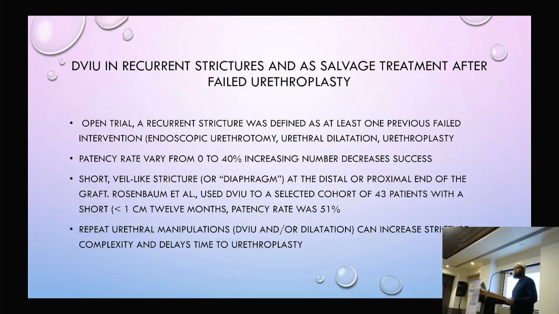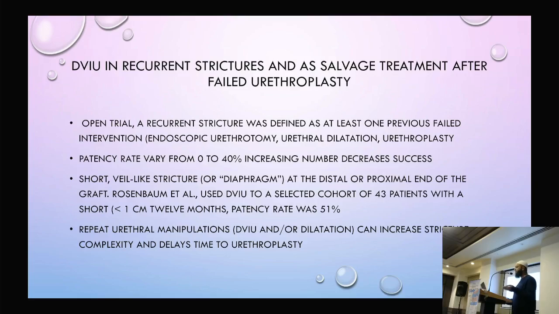It has also been tested as a salvage procedure in recurrent strictures and in failed urethroplasties. There was an open trial where they defined recurrent stricture as at least one previously failed intervention, either endoscopic, DVIU, urethral dilatation, or urethroplasty. In those selected patients, what was the outcome?